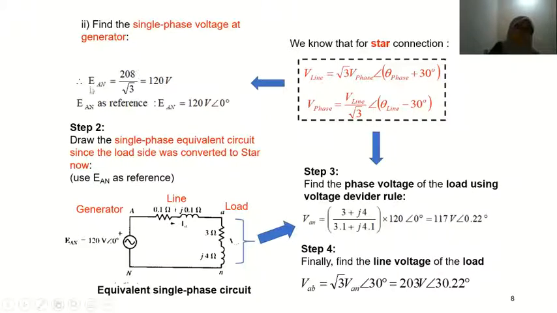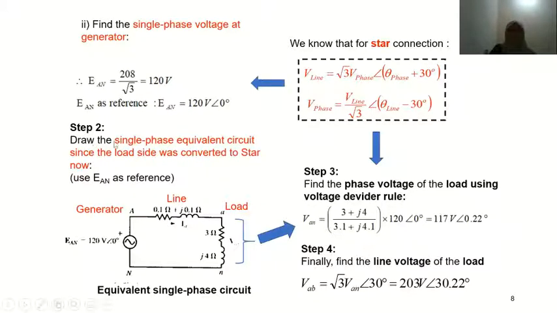The phase voltage in star connection is the line voltage divided by square root 3. We know that for star connection, V phase is V line divided by square root 3. Then we put EAN as reference with 0 degree.